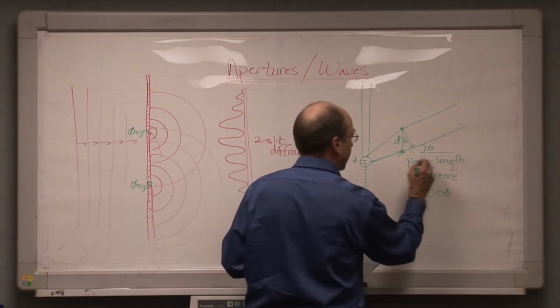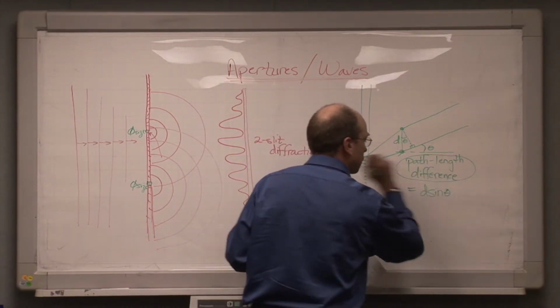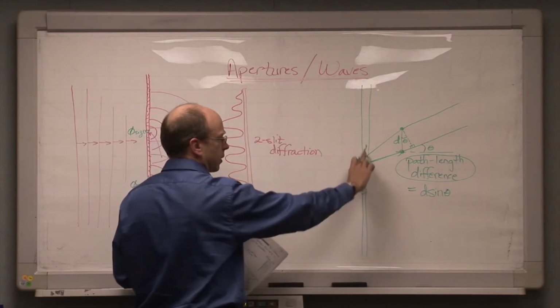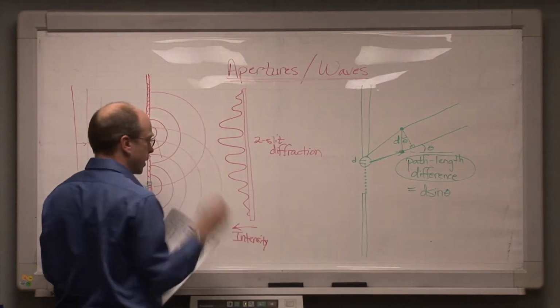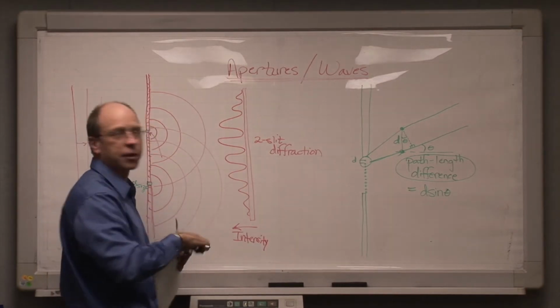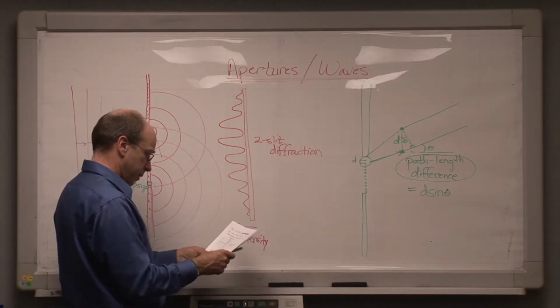And it's this path length difference between adjacent points in our theoretically constructed slit that results in the diffraction pattern that's produced. Okay, so far so good.